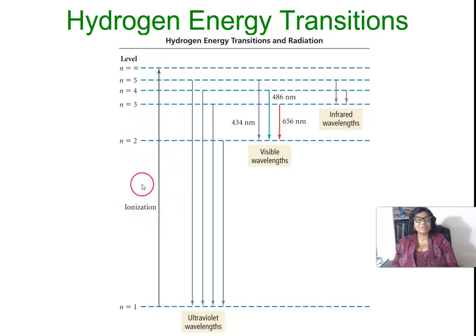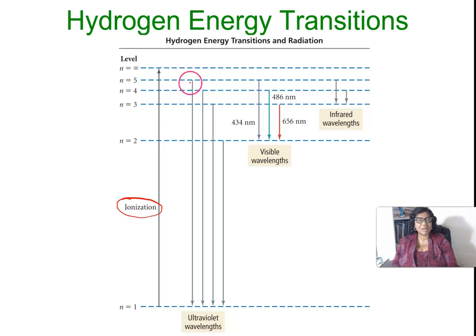When this happens, we say ionization has occurred. One electron in n equals 1 can absorb enough energy to go to n equals infinity and leave the atom. But it can decide not to leave. It can reach a level where it doesn't leave.